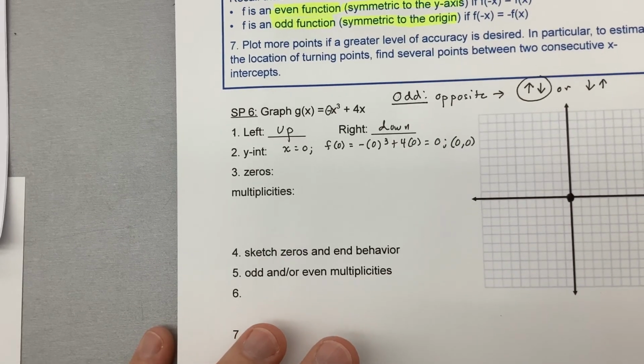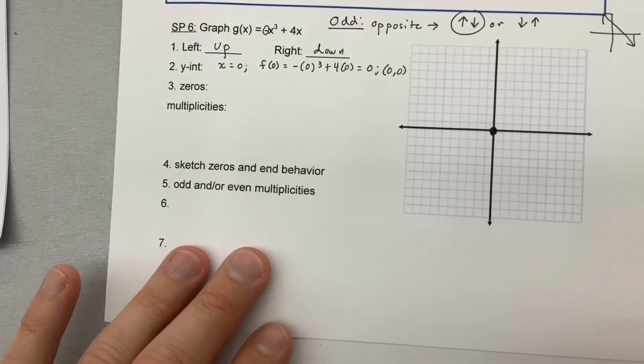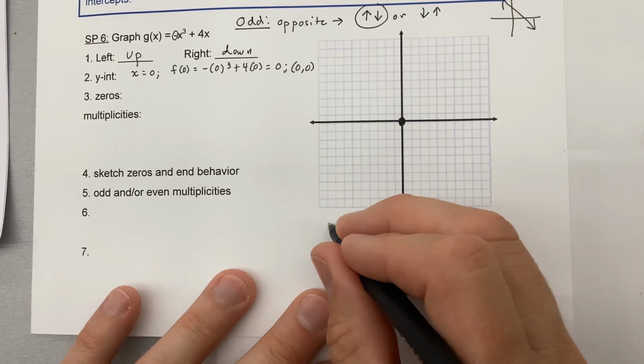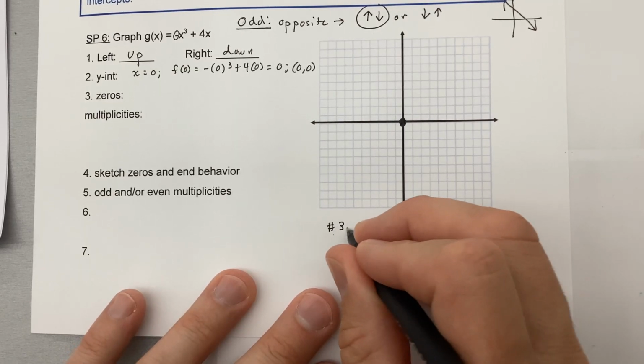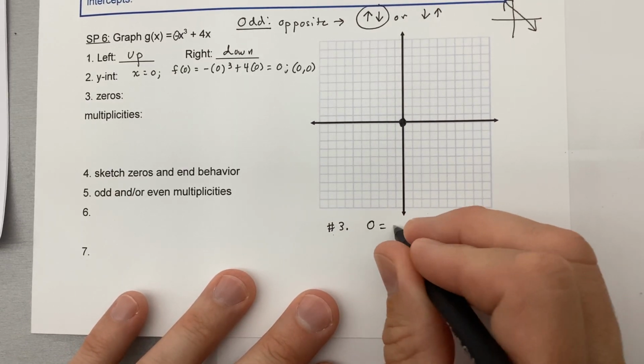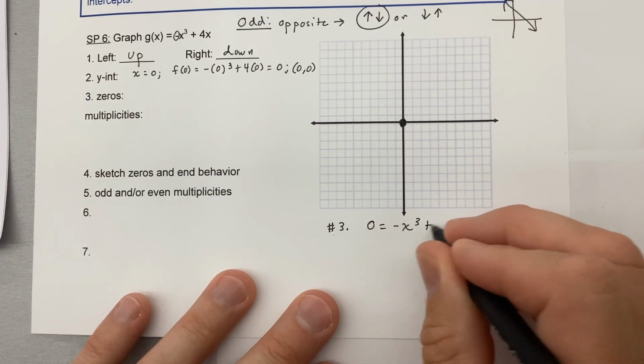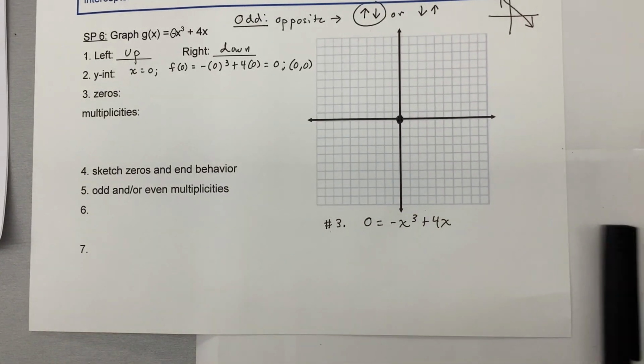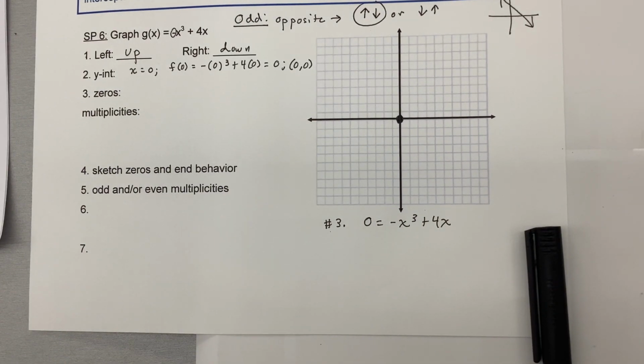Now about some zeros here. Maybe we'll go ahead and do some work down below here. 0 is equal to negative x cubed plus 4x. All those years of solving equations still around. How do we go about solving this one? Step 1.